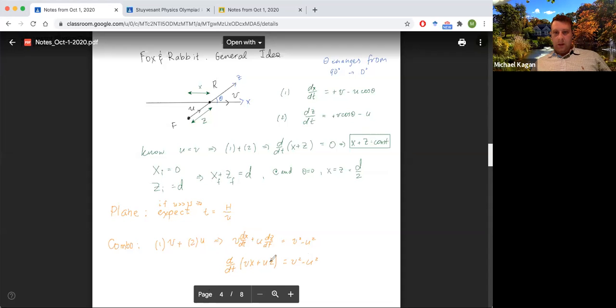That means delta of this, vx plus uz, can be written as v squared minus u squared times delta t, where delta is for the whole trip. And then from here, you can solve for delta t.